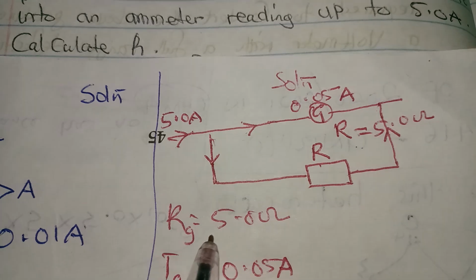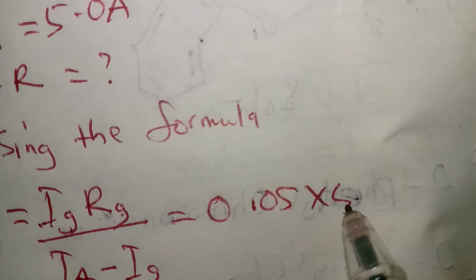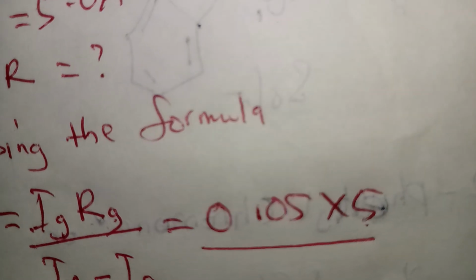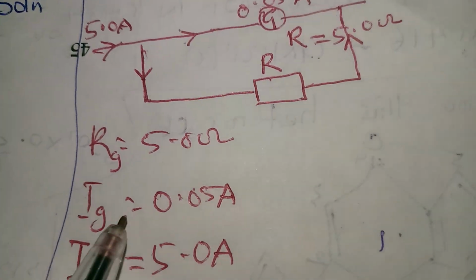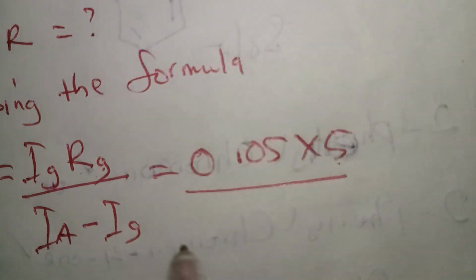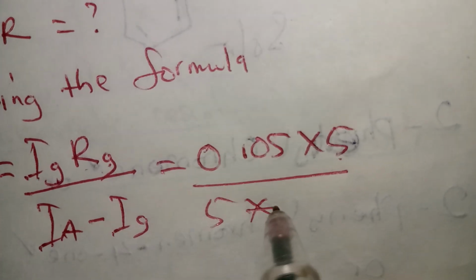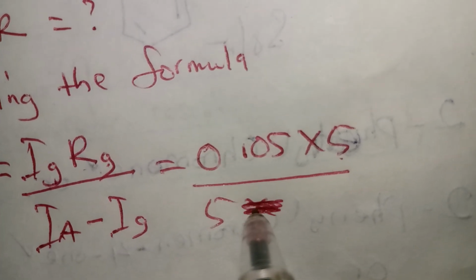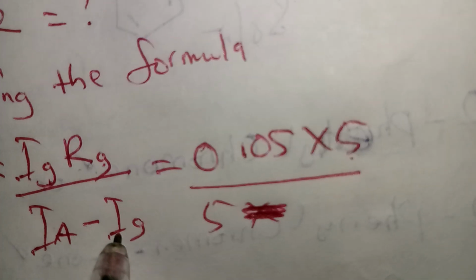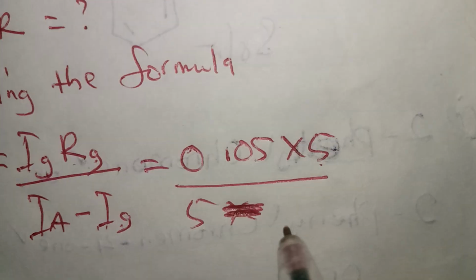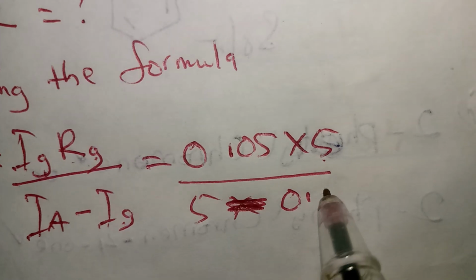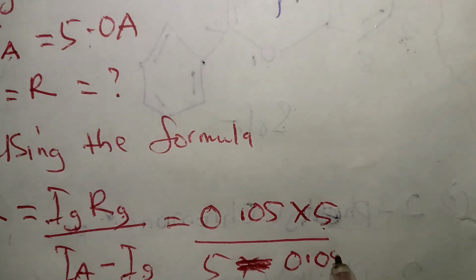My RG is 5, times 5, all divided by, what is my IA? My IA is 5, minus IG, which is 0.05.